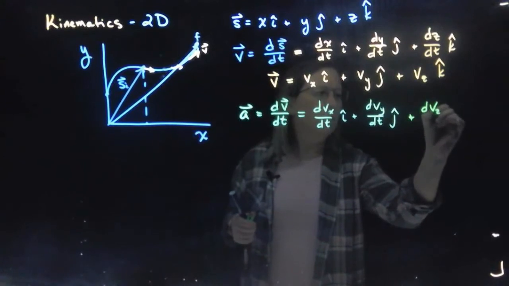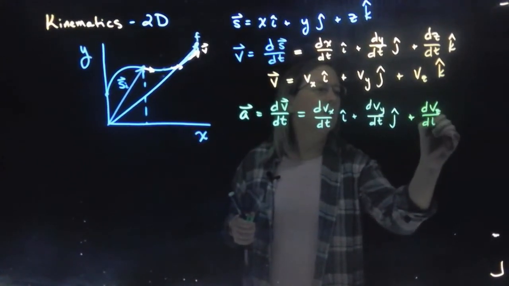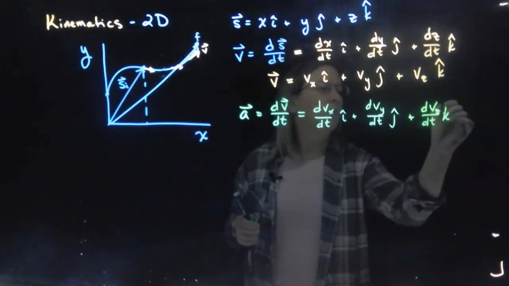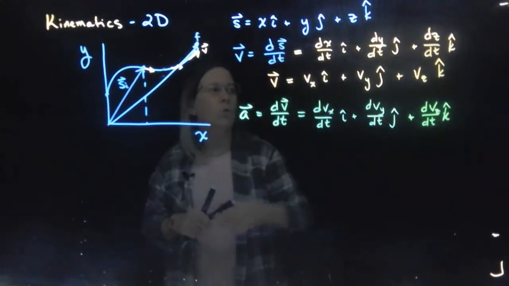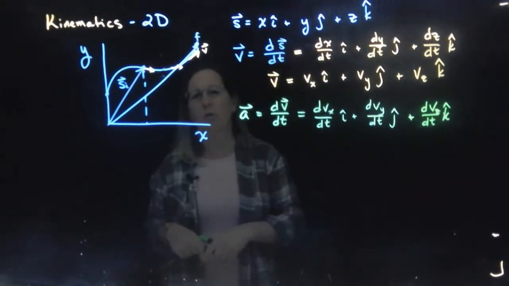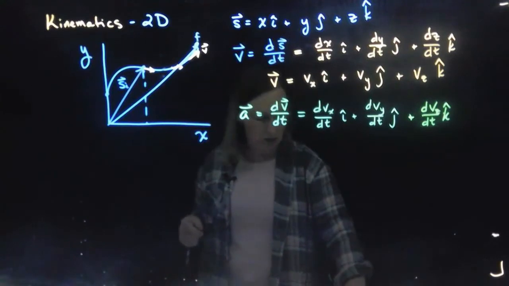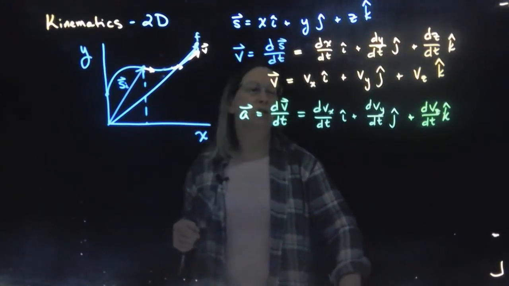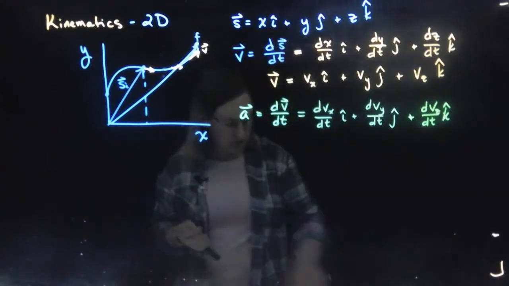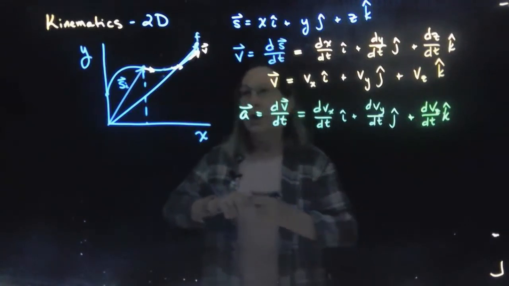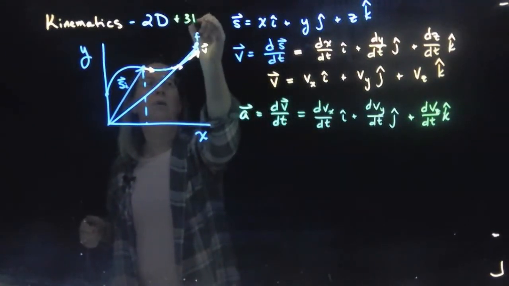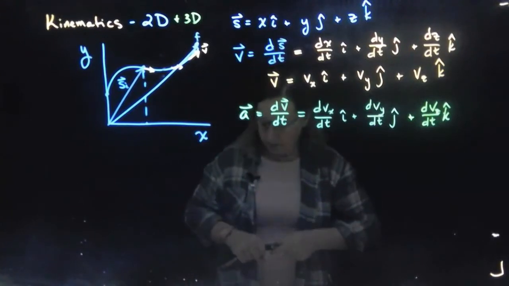Now, for practical purposes, for what we're doing in intro physics and physics 1, we won't need that third dimension for a little while. It will come later in the semester. So for now, you can just stick with your 2 dimensions. So this is 2 and 3 dimensions, the more general case.